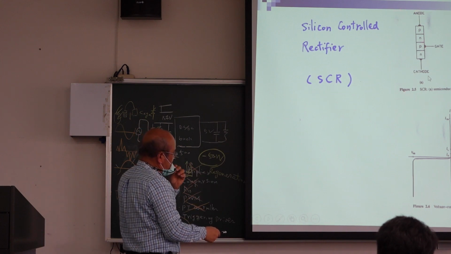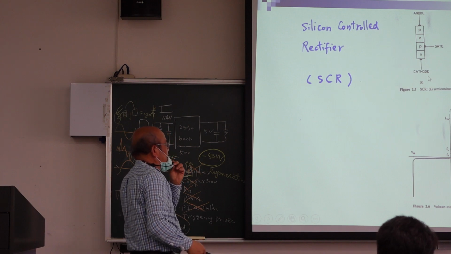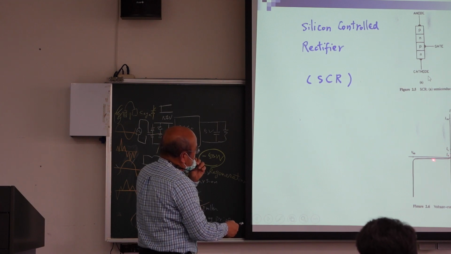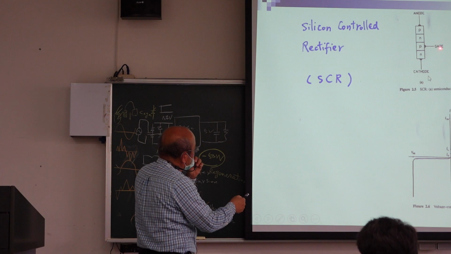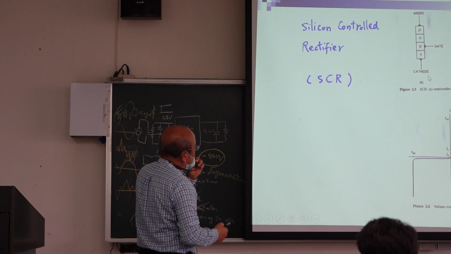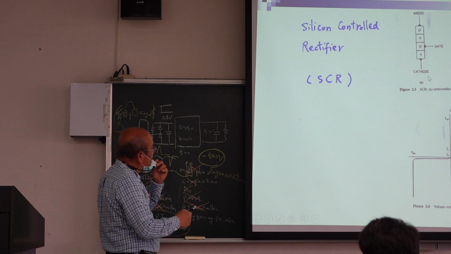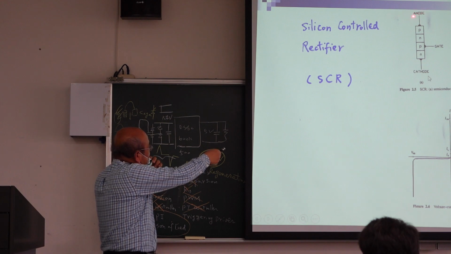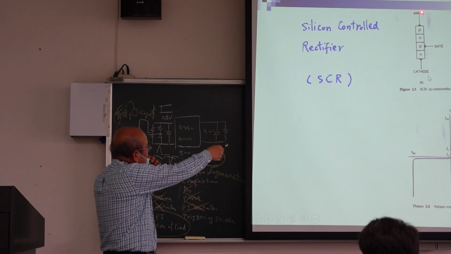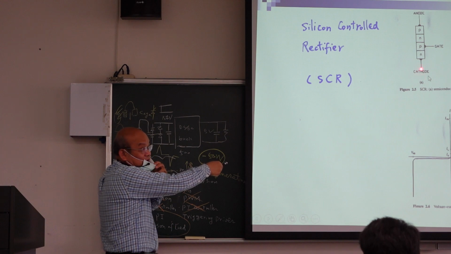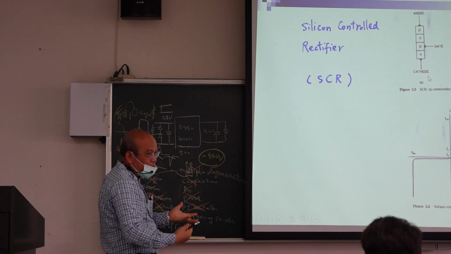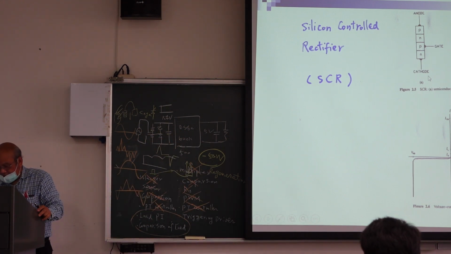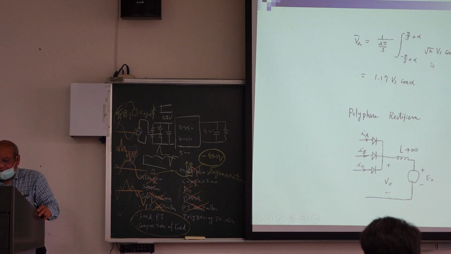Then we call this silicon controlled rectifier. If we have a gate signal, then it turns on. If we do not provide a gate signal, it is always off. Once it is turned on, it stays on. How can you turn off the SCR? You have to put a negative voltage on the anode and a positive voltage on the cathode. This is the only way, but it is very hard to control.